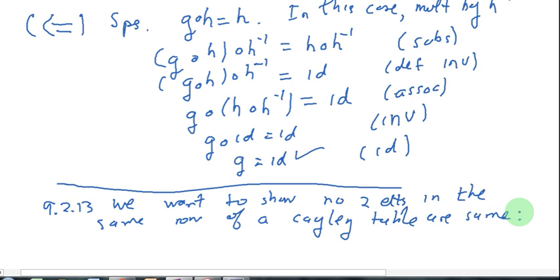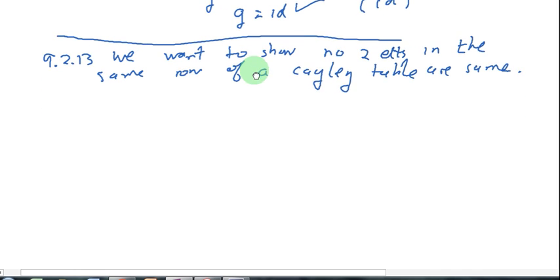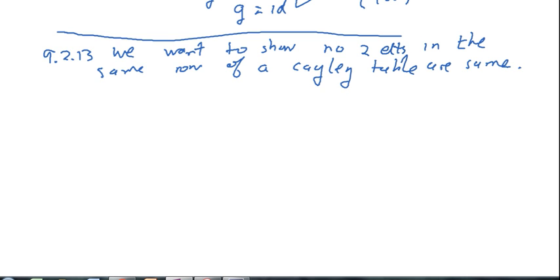Okay. Now let's do a proof by contradiction. Let's show that it can't be possible by supposing that it's true. We've done this strategy before. So we'll do proof by contradiction.